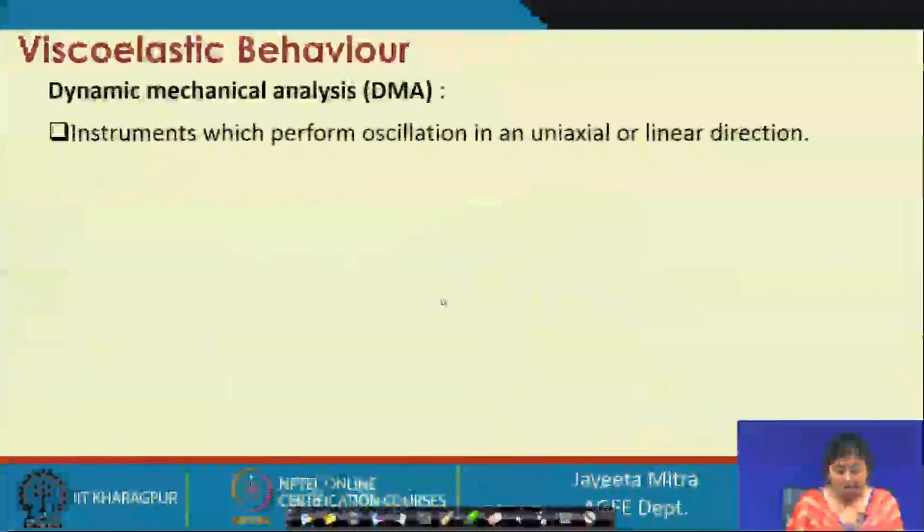Here the uniaxial force is applied in the method of oscillation, in which uniaxial extension and compression is done and the behavior is observed on a material. So, the force is applied in a linear direction only.